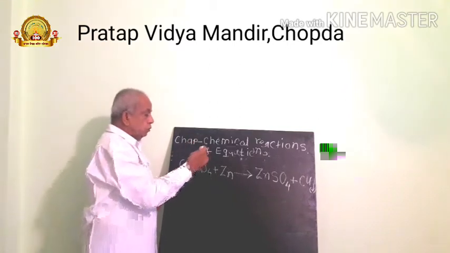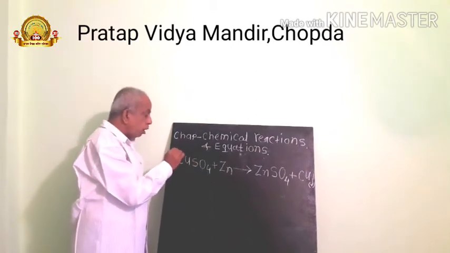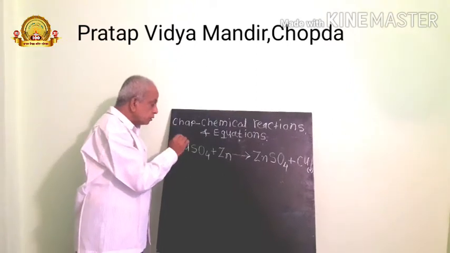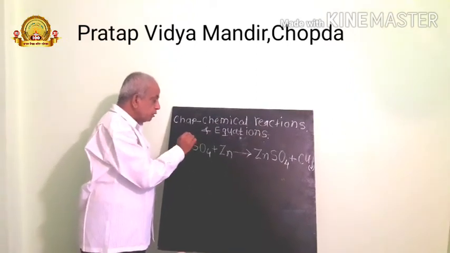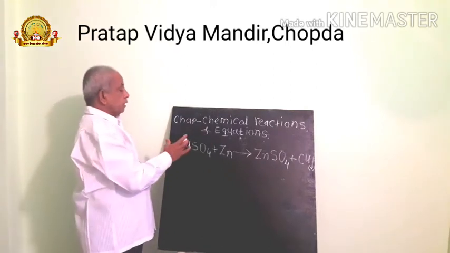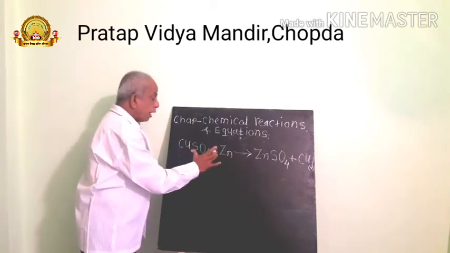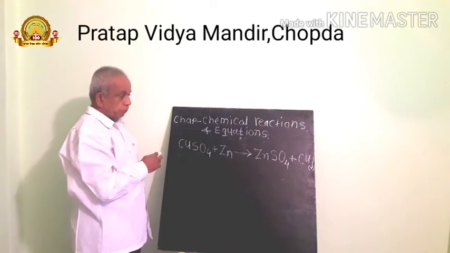Now, the reaction between copper sulfate and zinc is shown by this equation using condensed forms of substances, by using their chemical formulas. Here, copper sulfate and zinc are reactants, whereas zinc sulfate and copper are products.